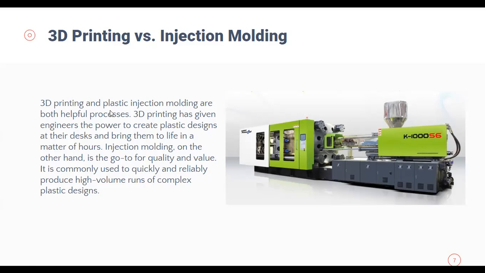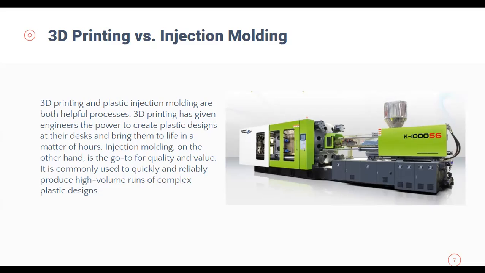So 3D printing and injection molding are very helpful processes. Injection molding is used for mass production. If you want to make 1,000 cups, or 1,000 bottle tops, like Coca-Cola, having the plastic bottle tops, if you want to make 1 million of them, then injection molding is the best way to use.